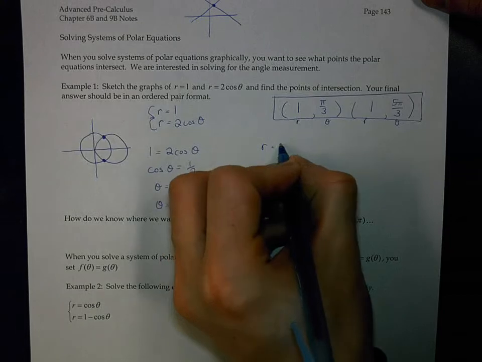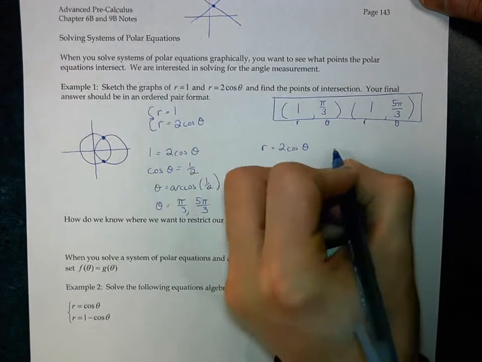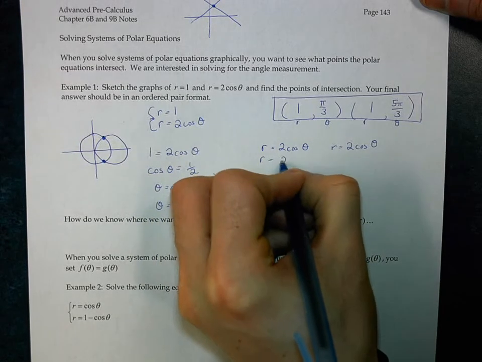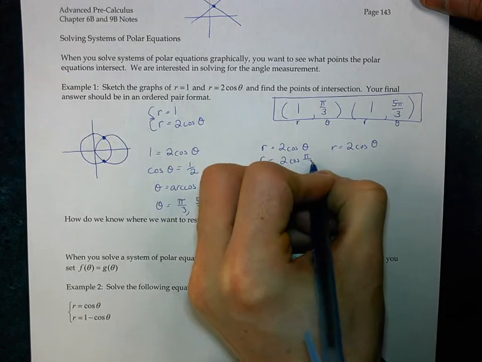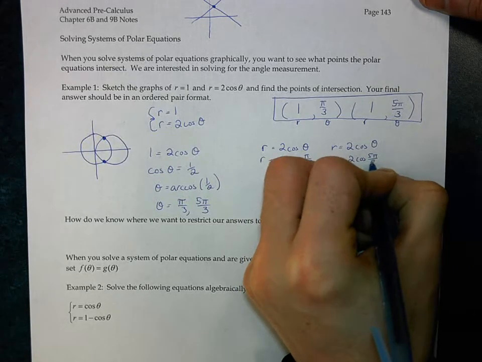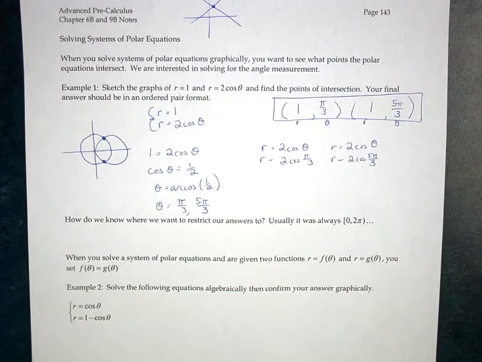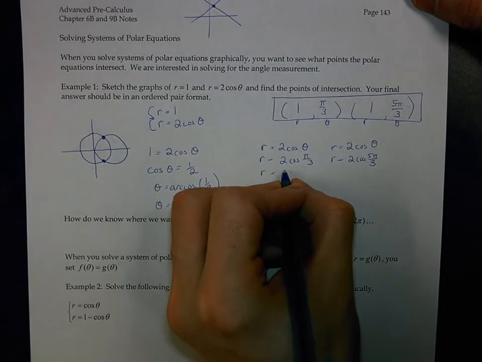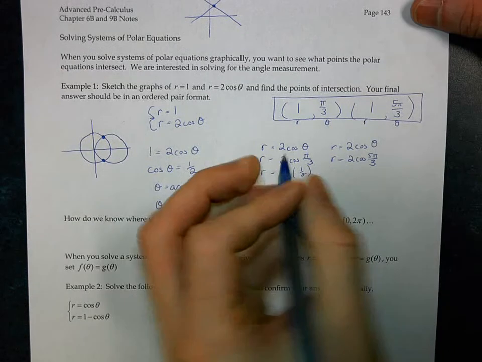So let's say I did it with r equals 2 cosine theta. I would have plugged in pi over 3 and 5 pi over 3 into my equation. The cosine of pi over 3 is 1/2.